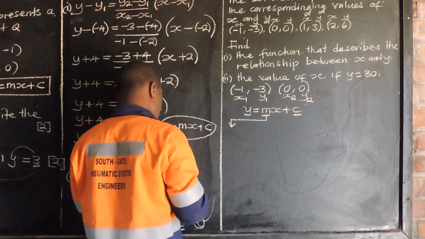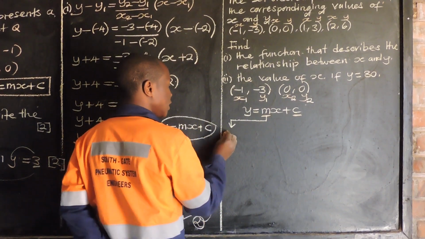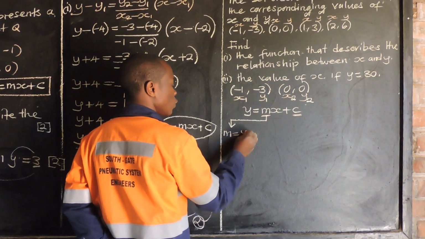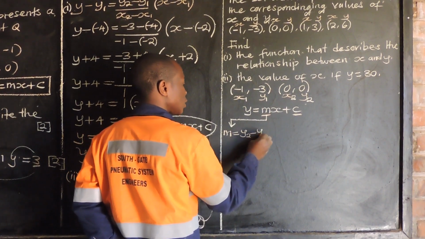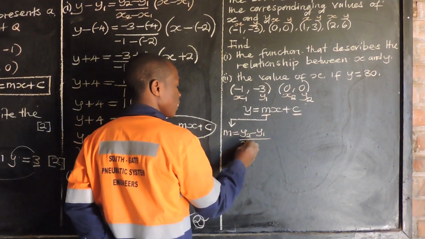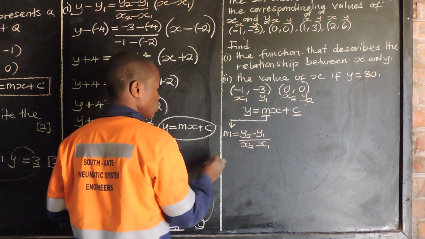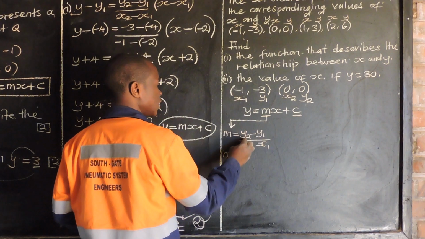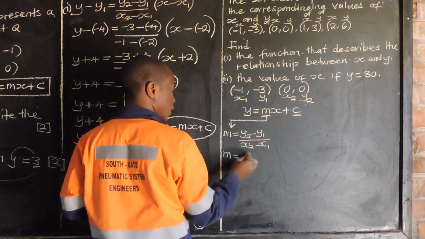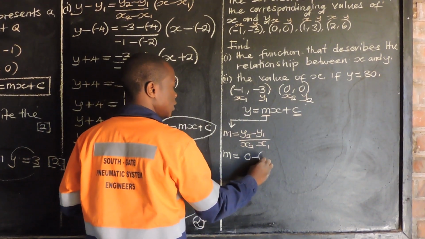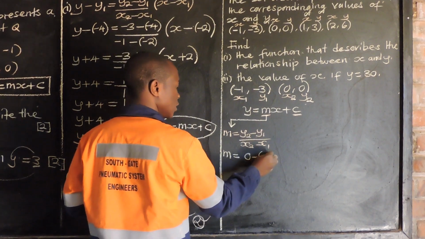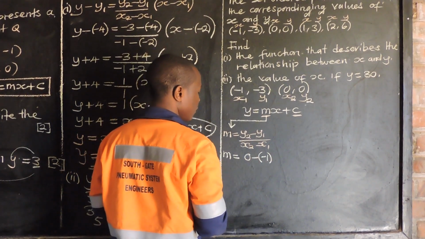So we find m by saying m is equal to y2 minus y1 over x2 minus x1. So m is equal to, what is y2? Y2 is 0. 0 minus, what is y1? Negative 1.